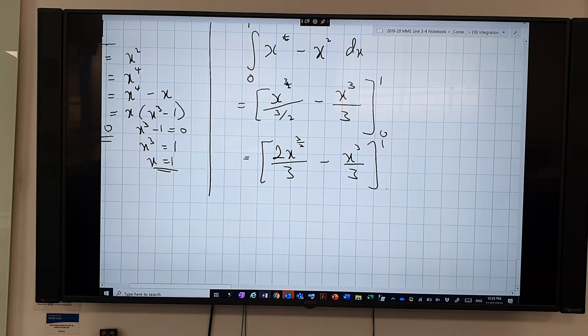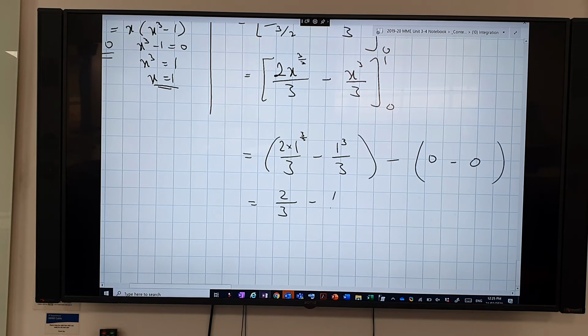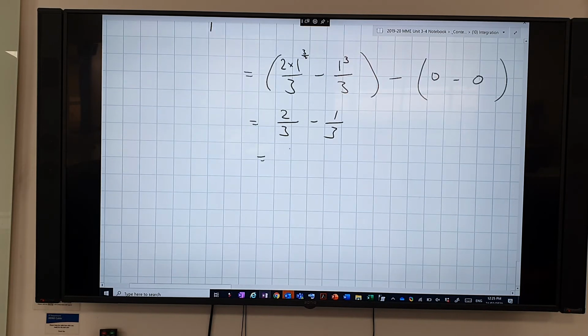And then we can very carefully stick in 1 and 0. Stick 1 in and 0, so it's 2 over 3 times 1 to the 3 over 2, plus 1 cubed over 3, minus 0, so it's going to be 2/3 minus 1/3, which is 1/3.